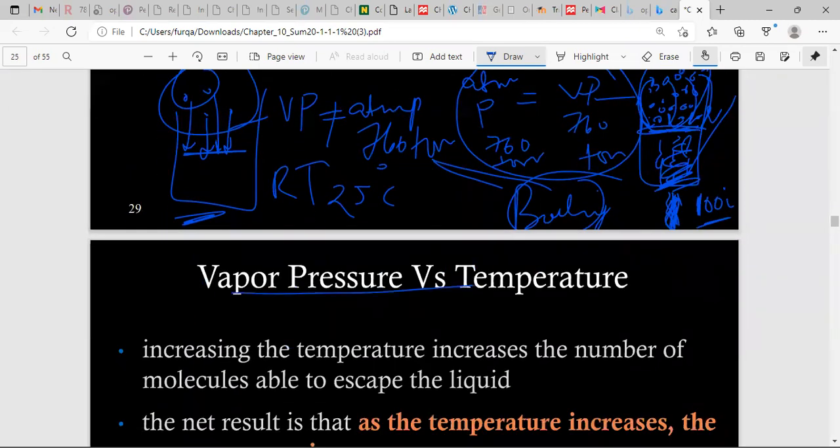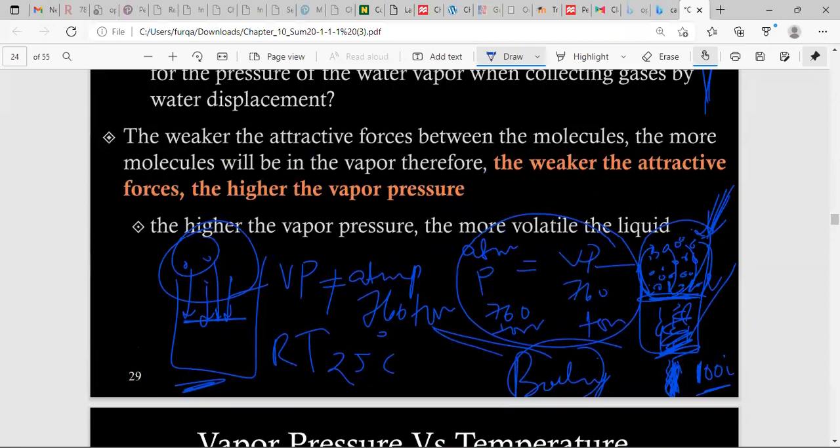Okay, so vapor pressure and temperature definitely have a relationship. The higher the vapor pressure is, the more volatile the liquid will be. So if you compare the acetone that you use as your nail color remover, so you put that one on one hand, and on the second hand you put water. Which one is going to evaporate faster? Definitely acetone is going to dry up faster.